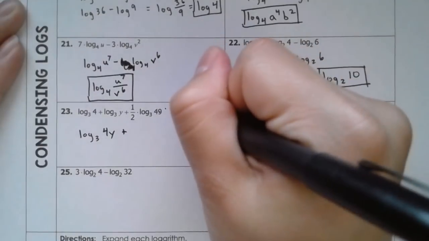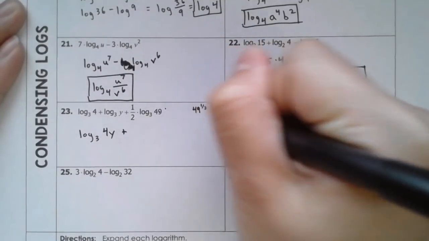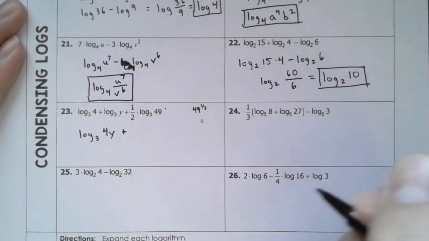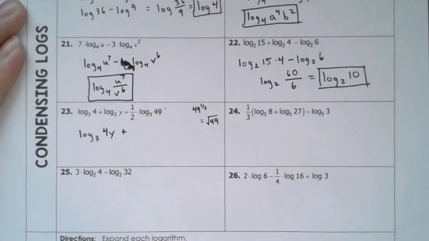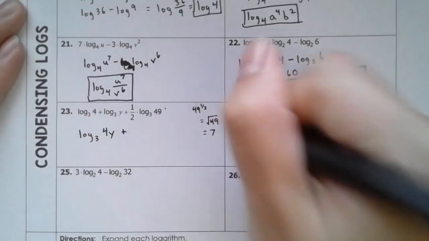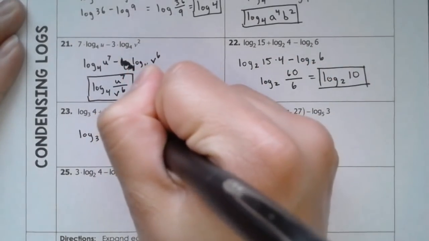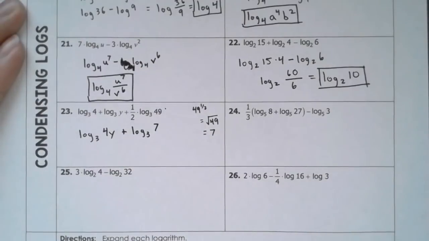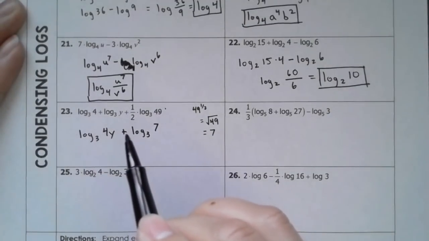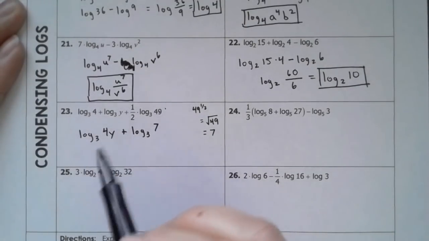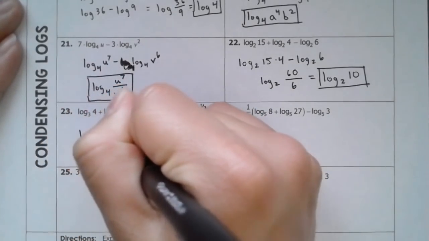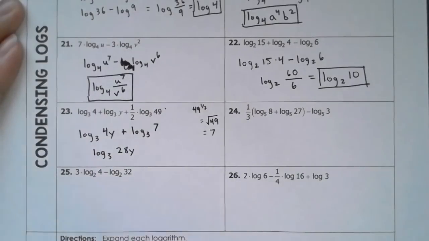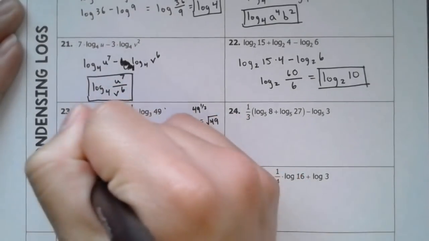Okay, 49 to the half, we know that you can write that as a radical expression, square root of 49. Square root of 49 is 7. So this is equivalent to log base 3 of 7. I have addition again, so I can now combine these using the product property. Log base 3 of 28y. And I'm done here.